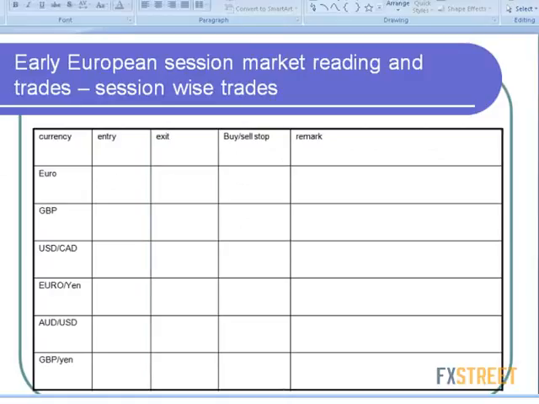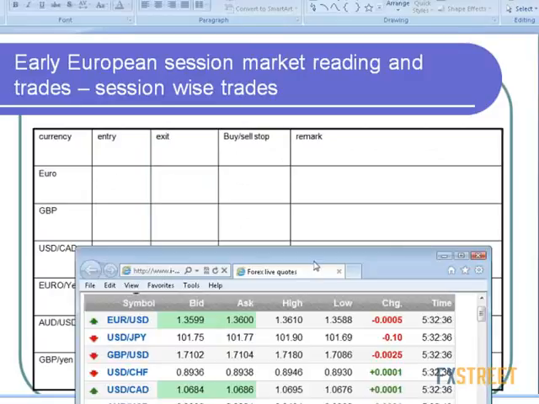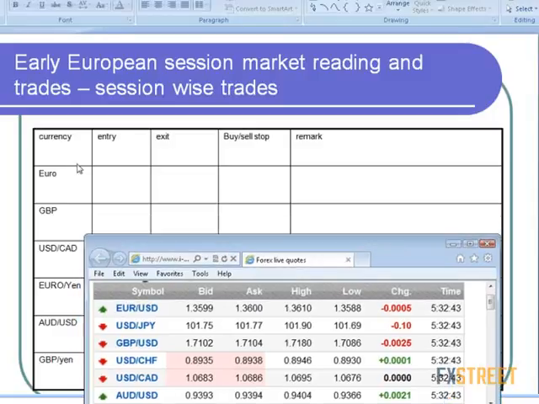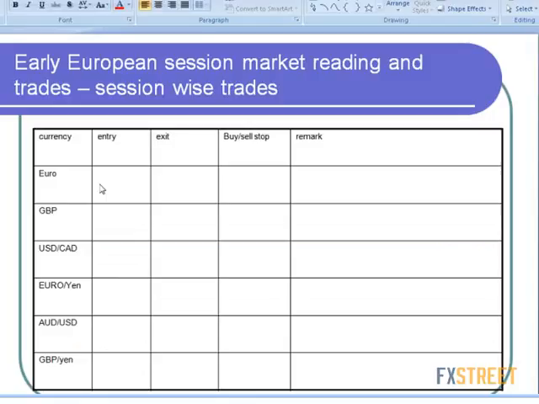We will come to the trading now. As I explained, in the case of euro, 1.3603 was the initial low, and it is still staying below.